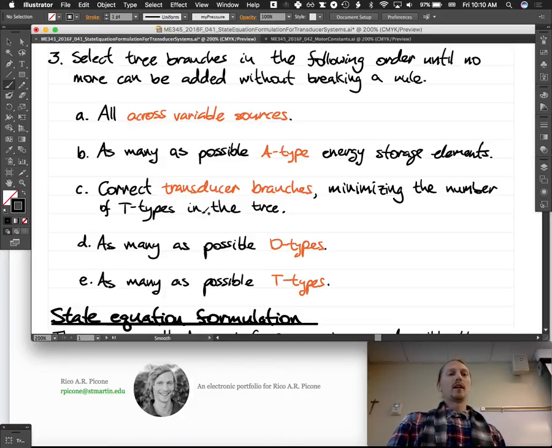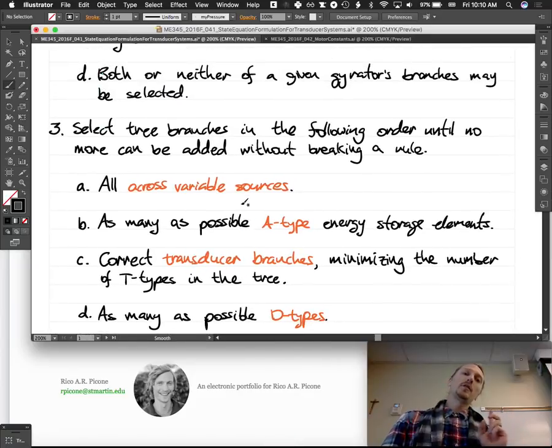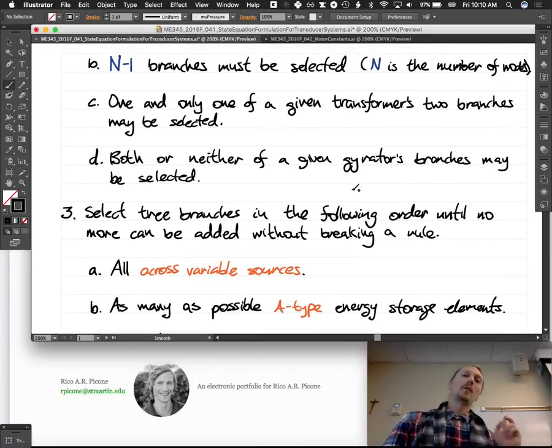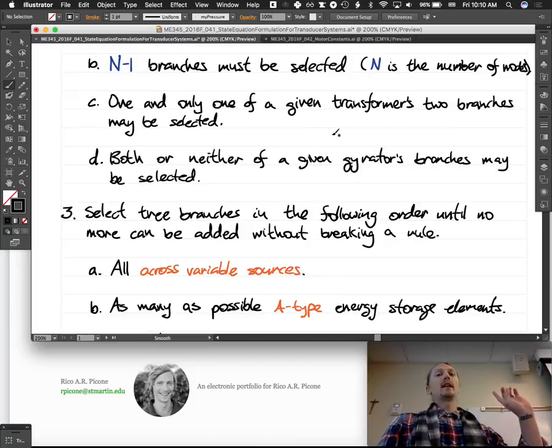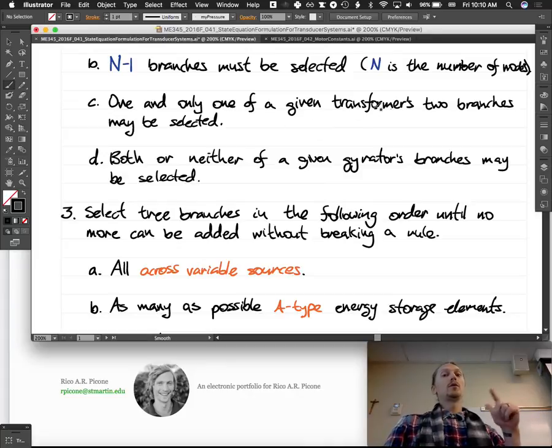So C, select the correct transducer branches, minimizing the number of T-types in the tree. This is the subtlety that makes it hard. Transducer branches are going to be either transformer branches or gyrator branches. So either we need to select one of the two transformer branches, or we need to select either both or neither of the gyrator's branches.